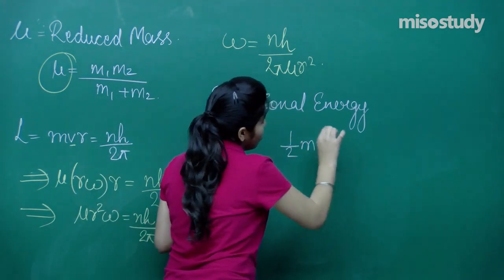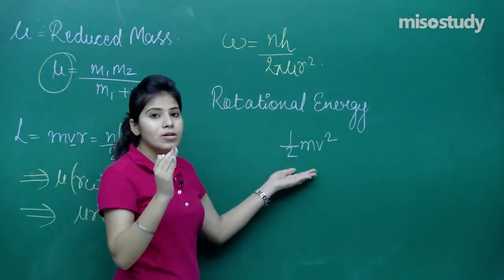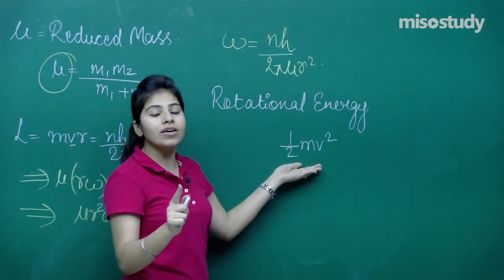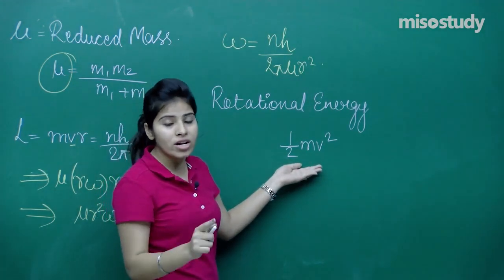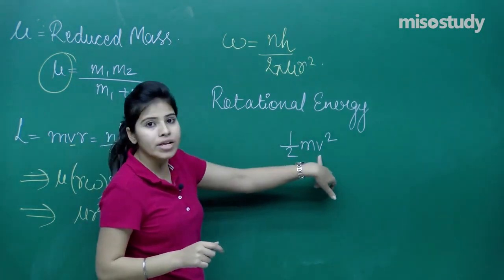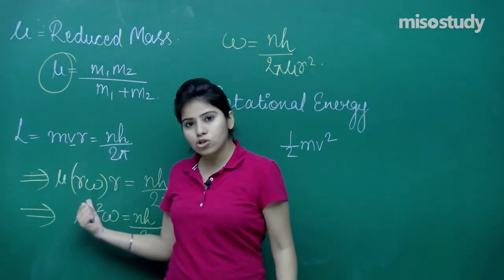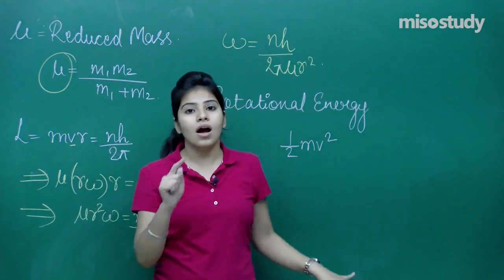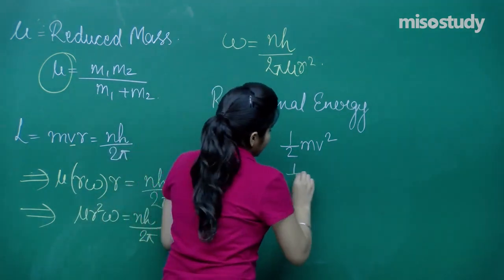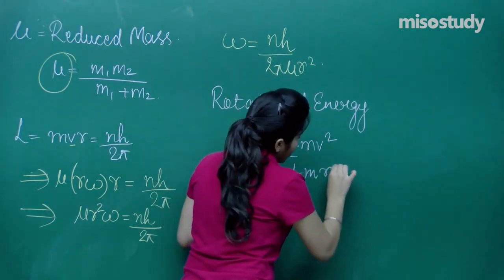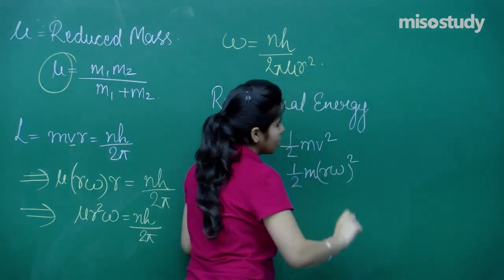Let me just tell you, in the linear form, this is the kinetic energy, and if I talk about the rotational energy, I will put in place of v, as I have told you over here, r omega. So that means you will have r omega square.